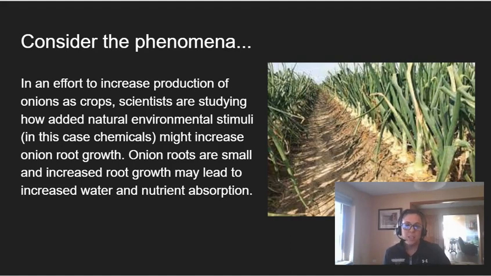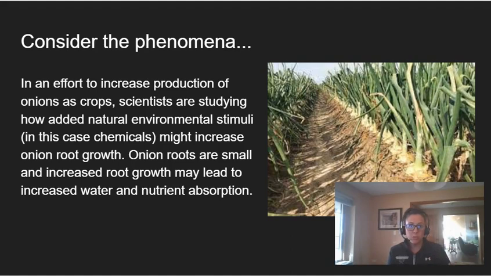So let's look at the phenomenon that we're going to be investigating. As you can see over to the right, there's an image of Vidalia onions that are growing in a farm field. In an effort to produce higher crops of onions, scientists investigate how different environmental stimuli, and in this case naturally occurring chemicals, might increase the roots of onions.